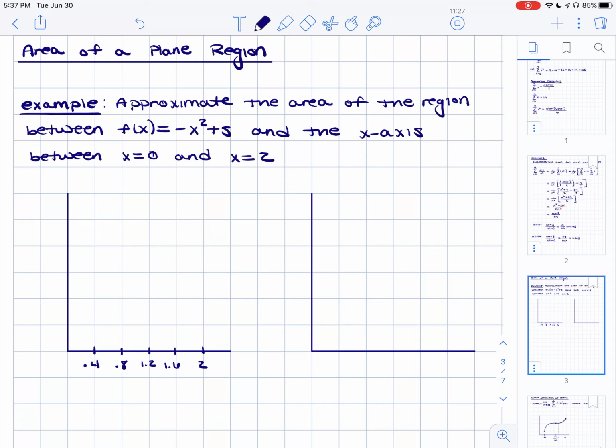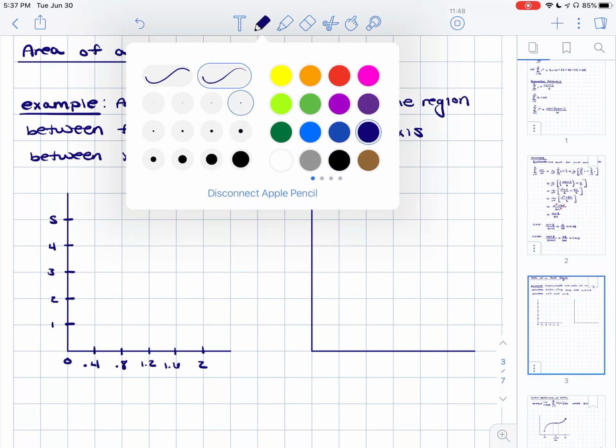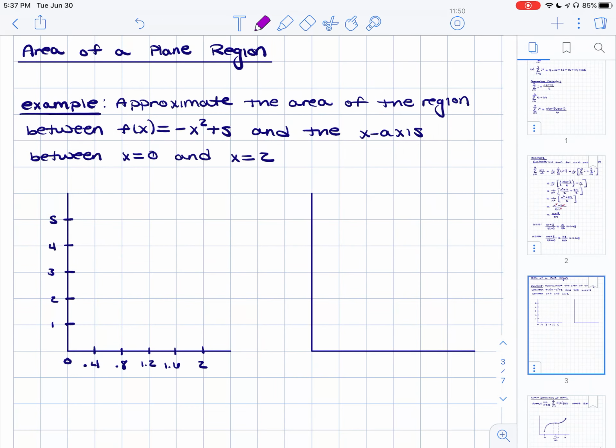Then we're going to plug each of these values into our f of x function. First, let me label my y-axis here. If we plug 0 into this function, we would get 5.